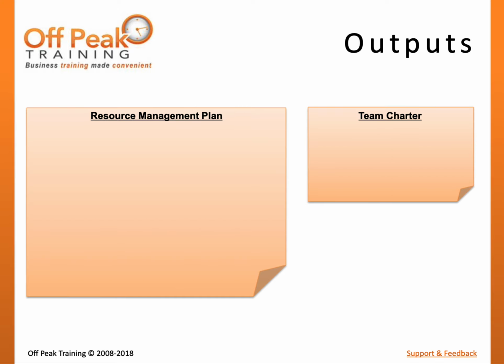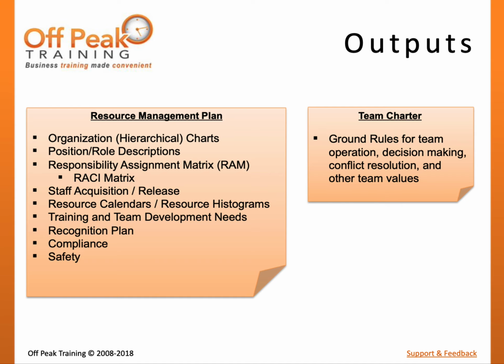There are two key outputs of the Plan Resource Management process. The Resource Management Plan helps to define how resource requirements will be met and how resources will be managed throughout the project lifecycle. We have already defined a few components of the Resource Management Plan. Project-specific organizational charts can be used to help show reporting relationships between stakeholders. Position descriptions can be used to help define the role of key personnel on the project.